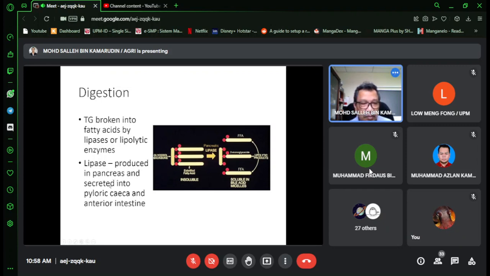As I mentioned, the lipase is produced in pancreas, while the bile salt is from the bile. And this will be scattered into the pyloric caeca and also the anterior intestine.